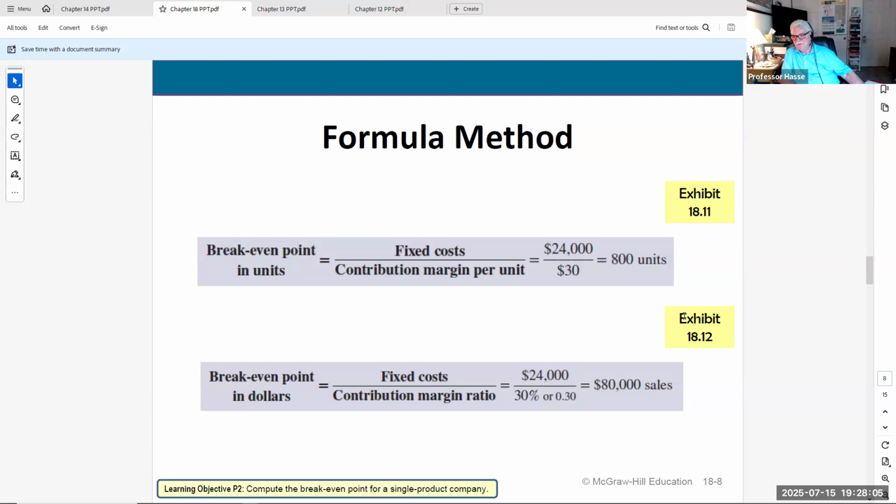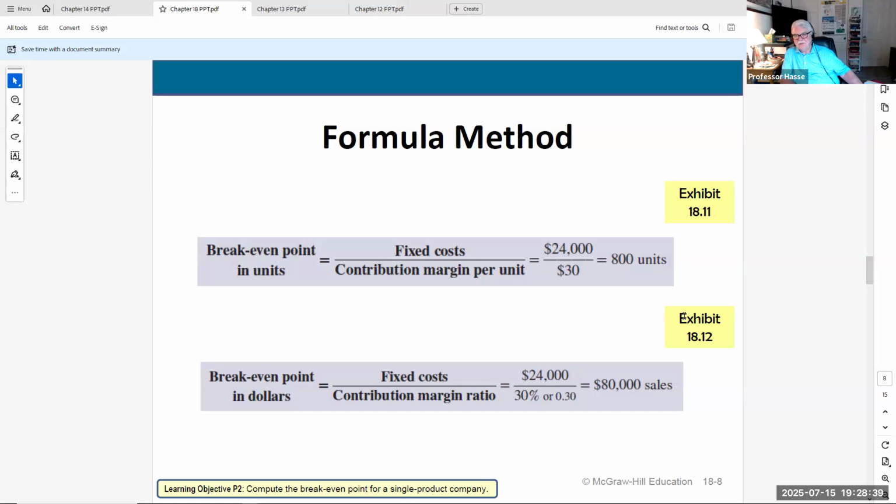Remember, our contribution margin ratio was the percent of the contribution margin to the selling price, 30%. So if we take $24,000, our fixed costs, and divide it by 0.3 or 30%, we get $80,000 in sales, which makes sense. If we're selling our product for $100 a piece and our break-even point is 800 units, 800 times $100 is $80,000.